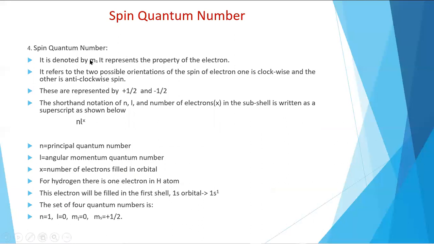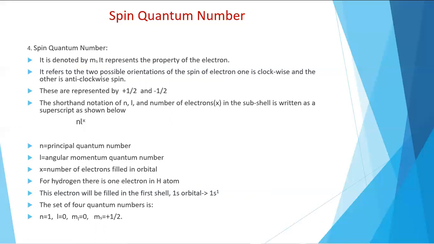It is denoted by ms and it represents the property of the electron. It refers to the two possible orientations of the spin of the electron, one clockwise and the other anti-clockwise. They are represented by plus half and minus half.